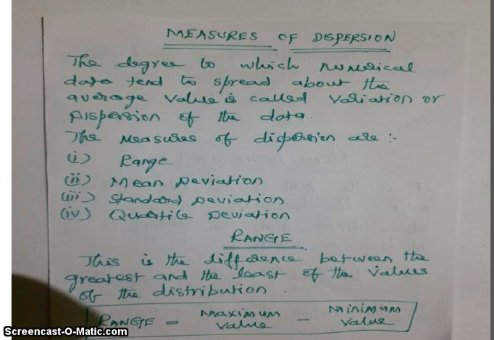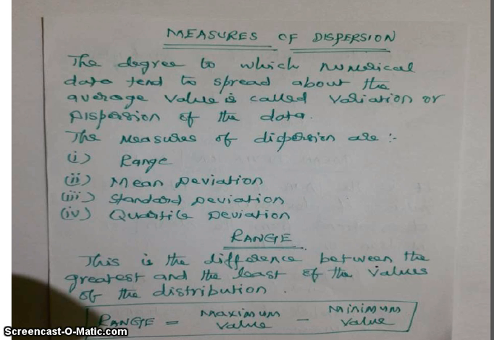In this video we are going to start the discussion on measures of dispersion. Previously we have discussed the measures of central tendency. The objective of central tendency is to identify the central position of a given data.